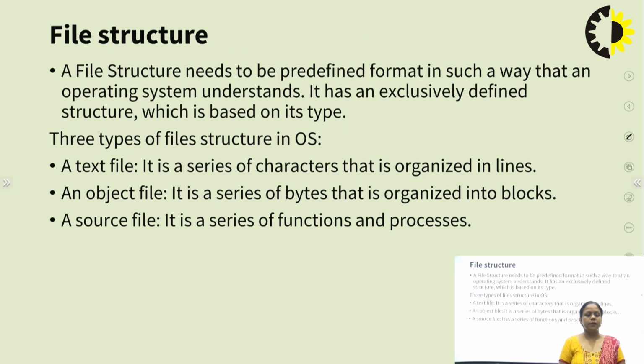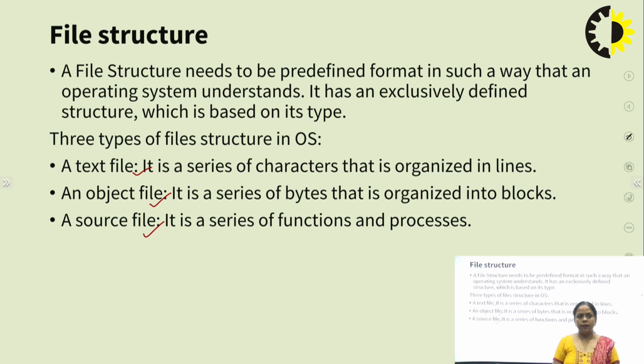Now, what is the meaning of file structure? A file structure needs to be in a predefined format in such a way that an operating system understands. It has an exclusive defined structure which is based on its type. Okay, then file structure can be categorized into three parts. First one is the text file, second one is the object file, and third one is the source file.